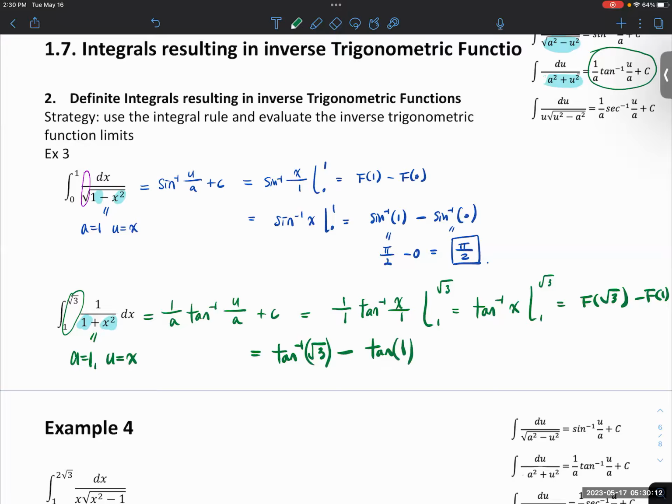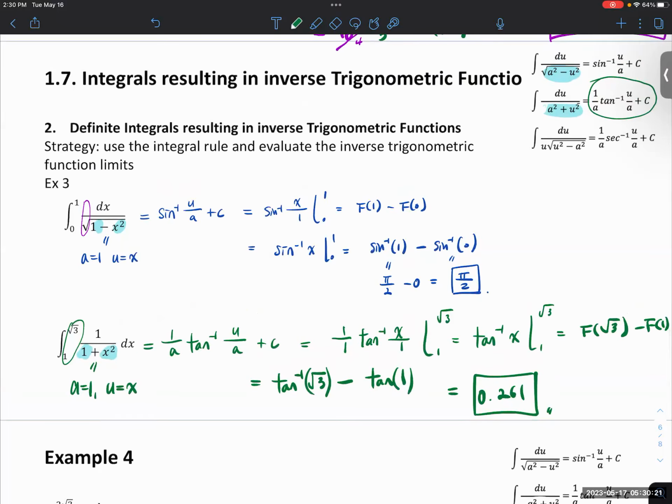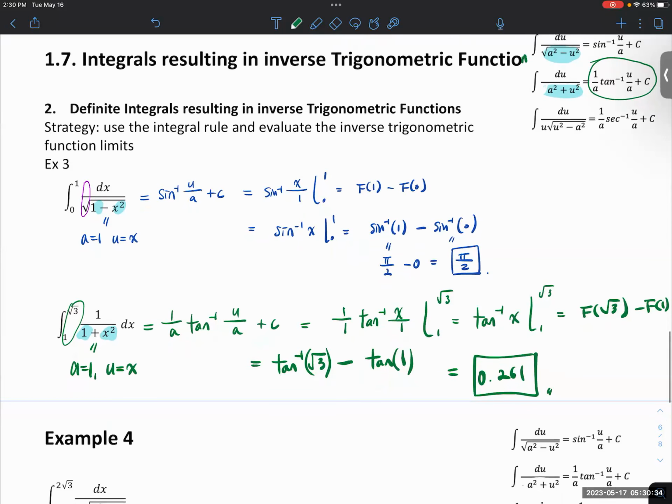Go to decimal, type that answer. You will get 0.261, a very small portion. So that's how we are utilizing the perfect square information to find out when the integrals result in inverse trigonometric function.